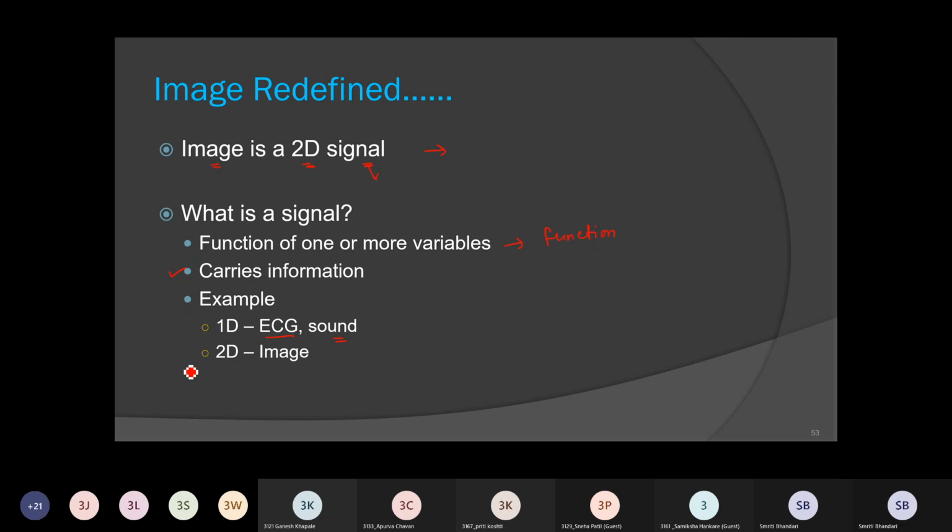ECG is a test that people who have some heart disease undergo, and that is known as ECG, electrocardiogram. Typically ECG is a simple test that is used to check the heart's rhythm or heart's activity.